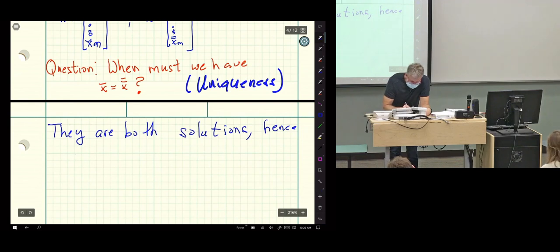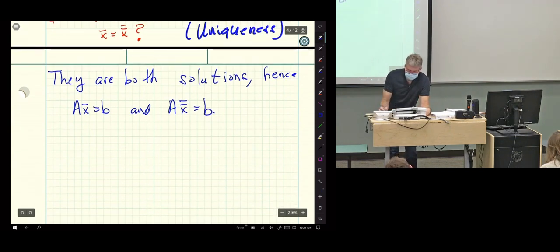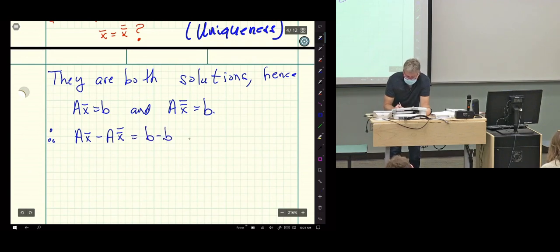Okay, so they're both solutions. Hence, A x bar equals b and A x double bar equals b. Well, if I take A x bar and I subtract from it A x double bar, then that's b minus b, and that's equal to 0.